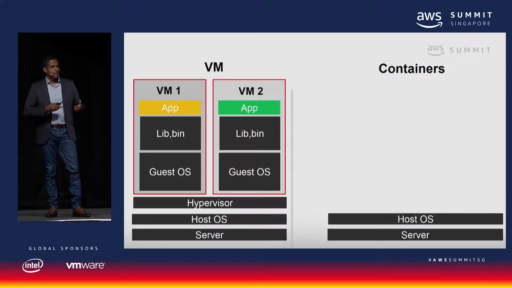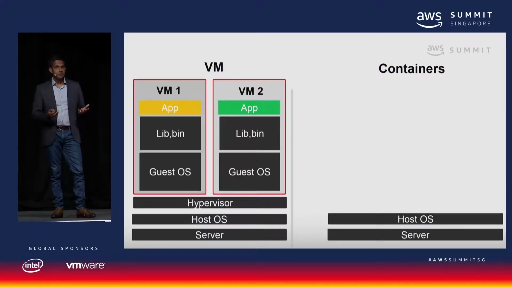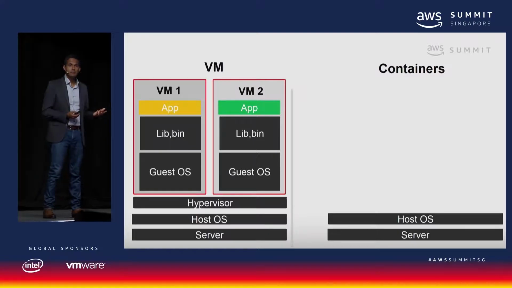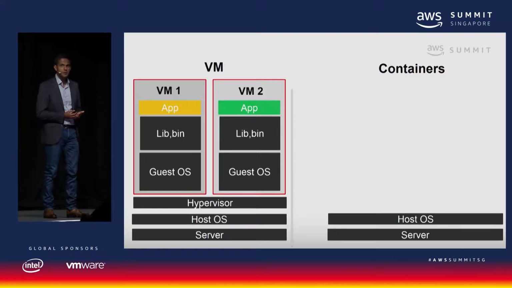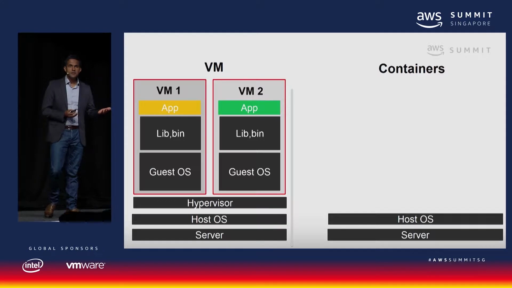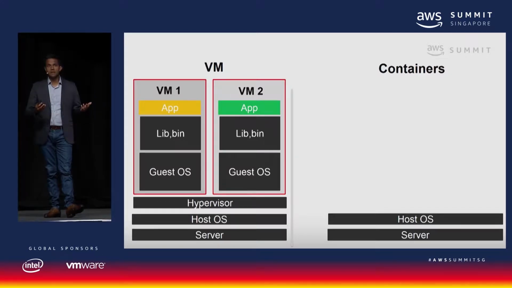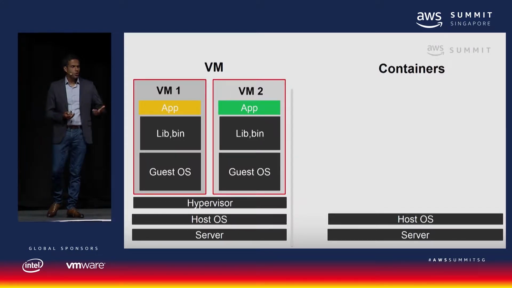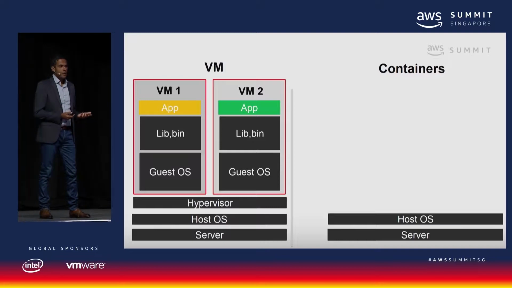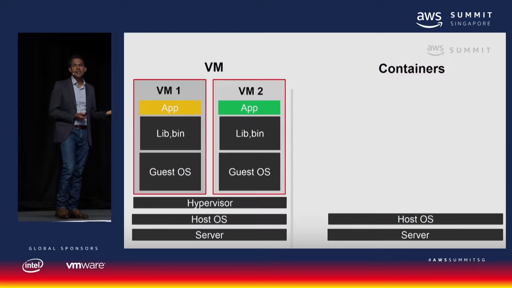On top of that, virtual machines take a lot of time to start, right? There are a lot of background processes that need to start. And these two virtual machines probably have the same processes running inside them, right? So there's no good sharing of resources. What it means is that in this server hardware, you are running only two applications.